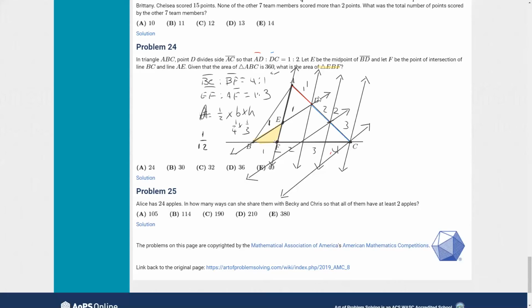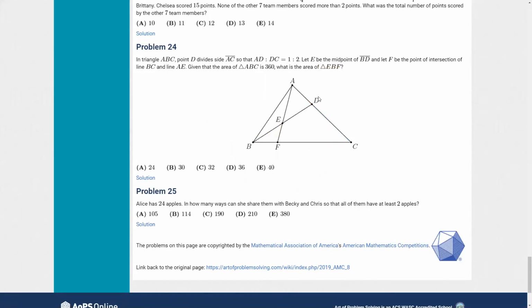So using that ratio, we can find that the area of the smaller triangle EBF should be 1/12 of the area of the larger triangle ABC. So 360 times 1 over 12 is equal to 30. So now we know that the answer to problem number 24 is B, 30.